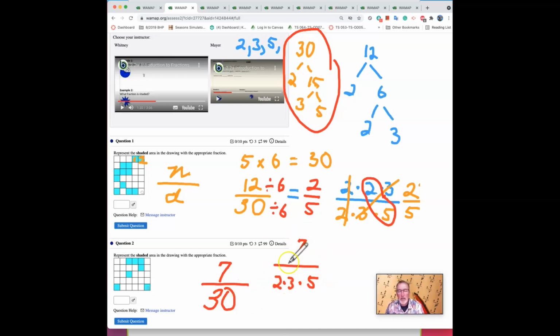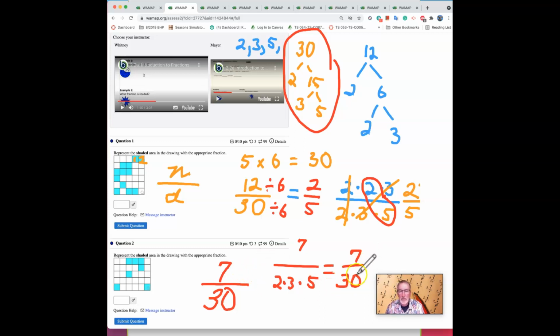The numerator can ask the denominator, or vice versa. Do you have any 3s? No. Do you have any 5s? No. And the numerator can say, do you have any 7s? And no. So this is 2 times 3 times 5, and we would just write this out as 7 over 30. And this is the smallest fraction.